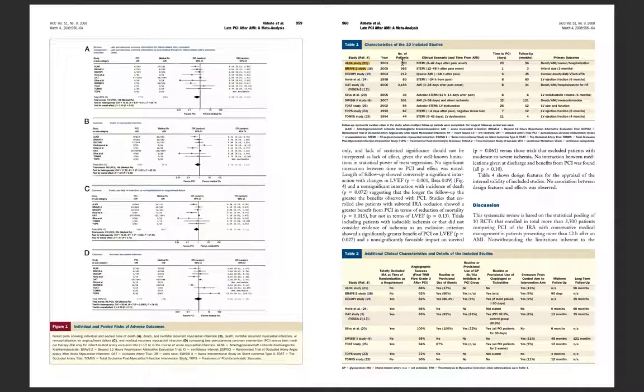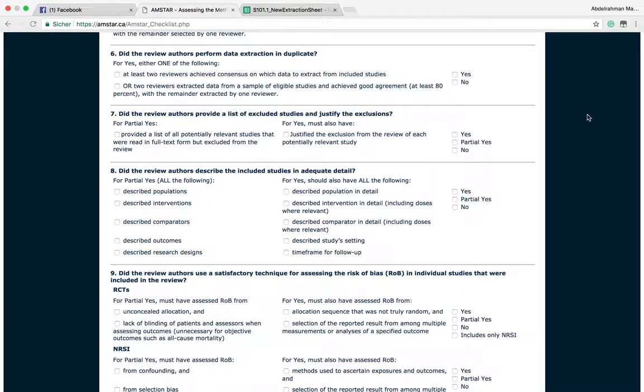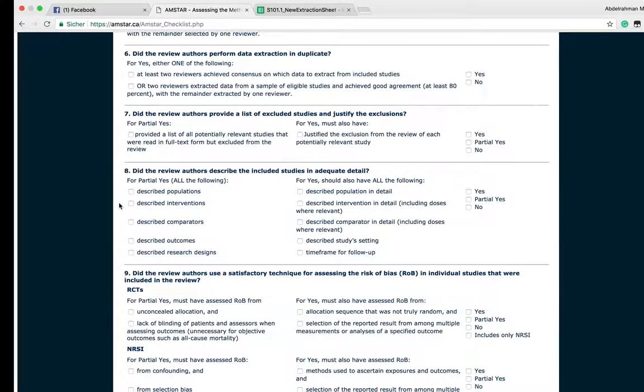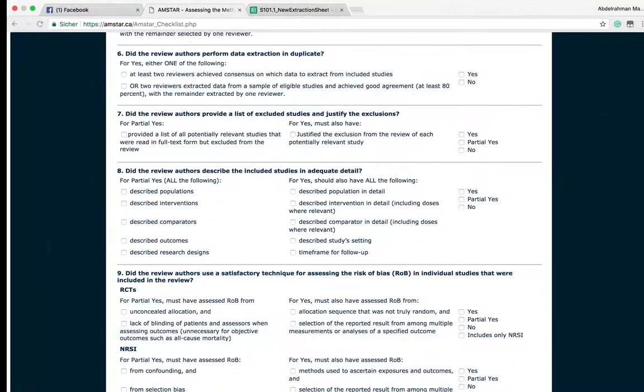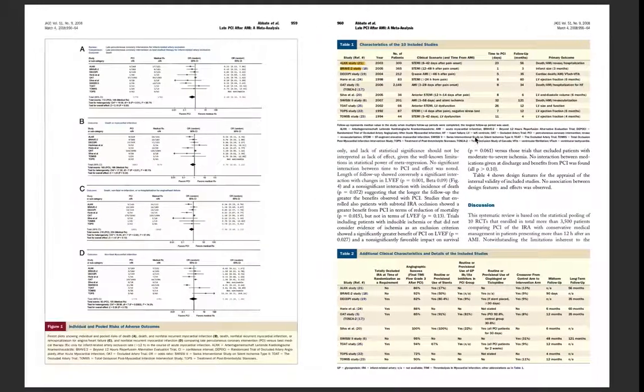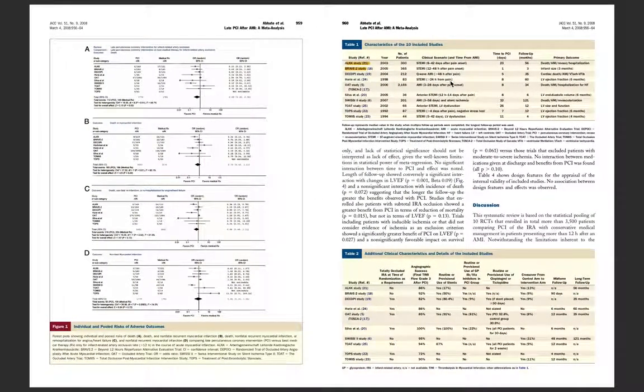Number of patients. Clinical scenario. Okay, and the follow-up and the primary outcome. This is important. So, they said the population, the interventions, yes, they said it. The comparators, no.